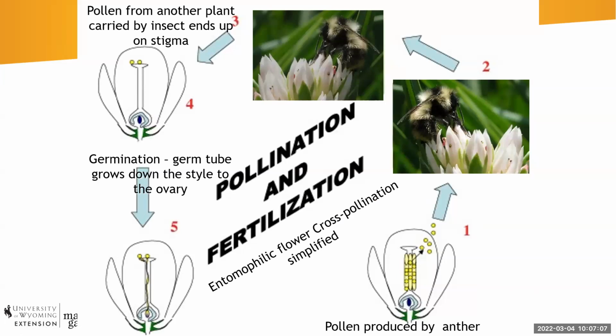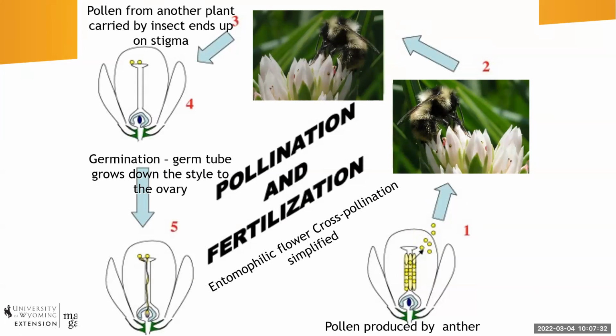Probably before I go on further, with this audience, everybody knows what pollination is. Essentially, this is a very simplified diagram of the entomophilic flowers, the term for plants that use insects. It's the transfer of pollen produced by the anther from one plant to another.